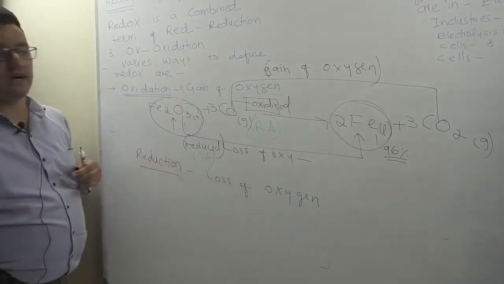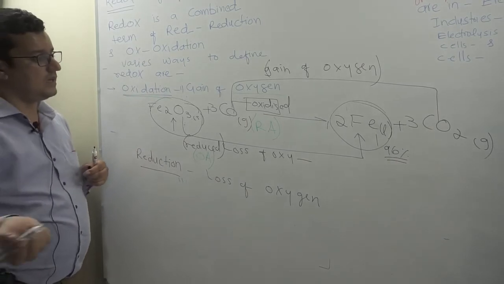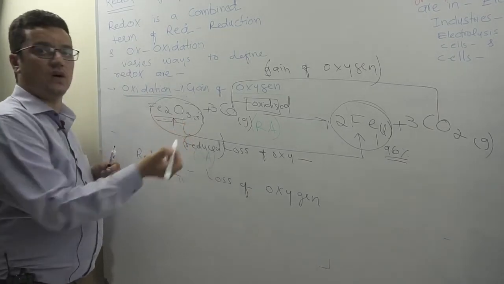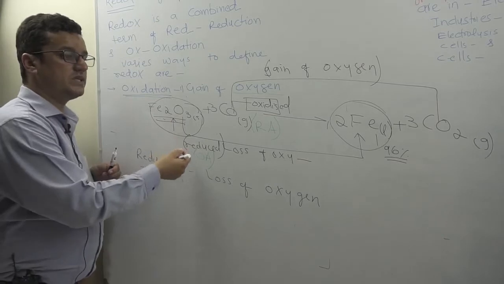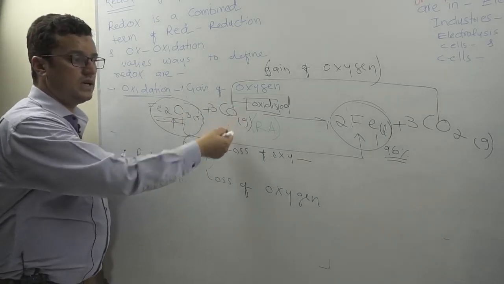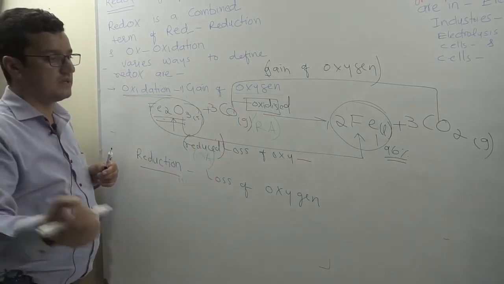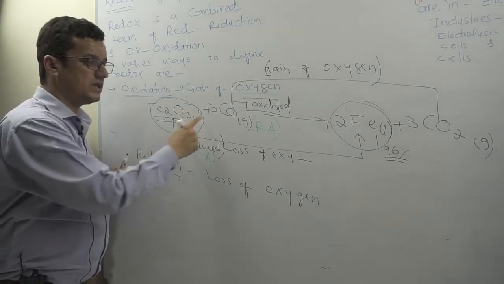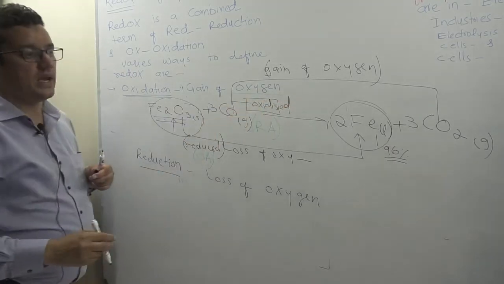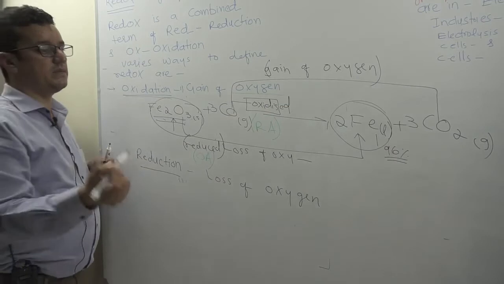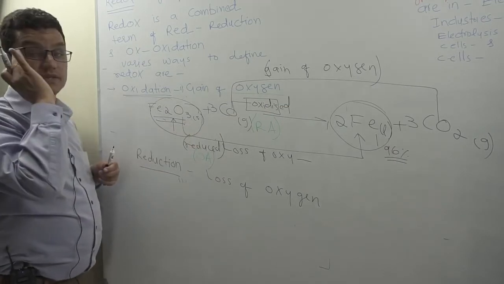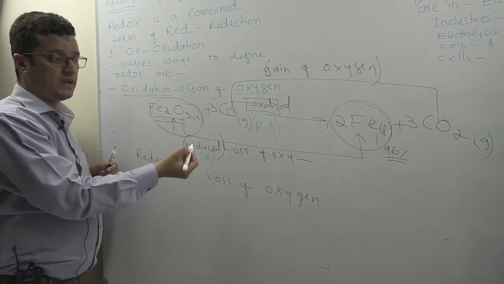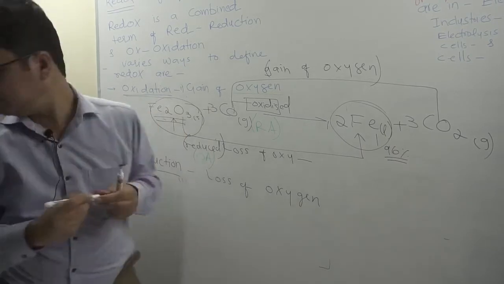From prehistoric time, man learned how iron ore can be changed to iron by heating in carbon. Today we describe this as redox, because of loss of oxygen and gain of oxygen. The same mechanism is used, and millions of tons of iron are prepared in blast furnaces around the world. We can take another example.